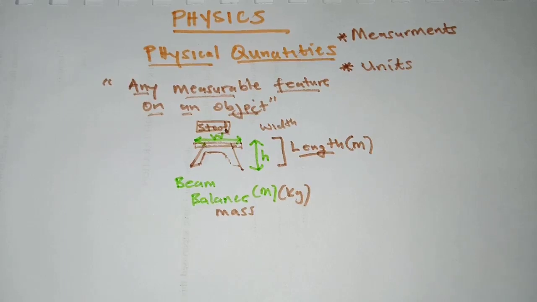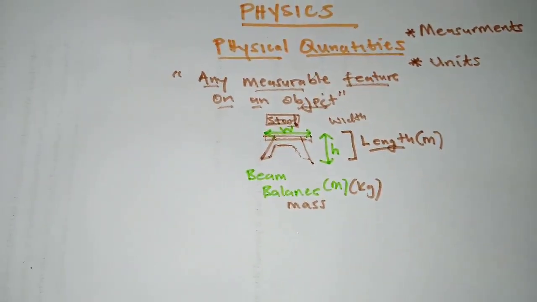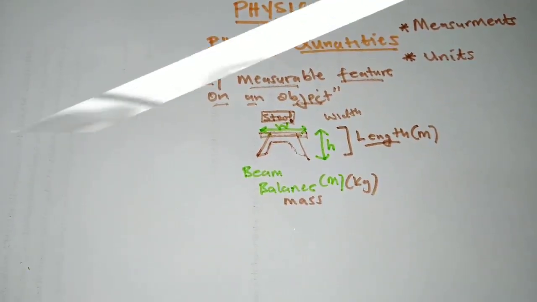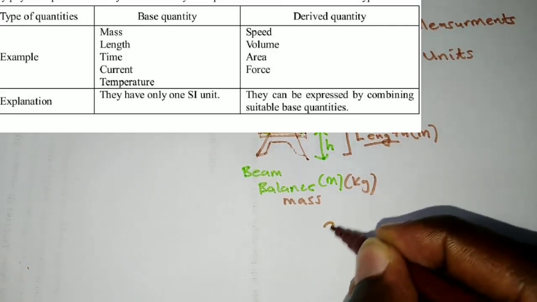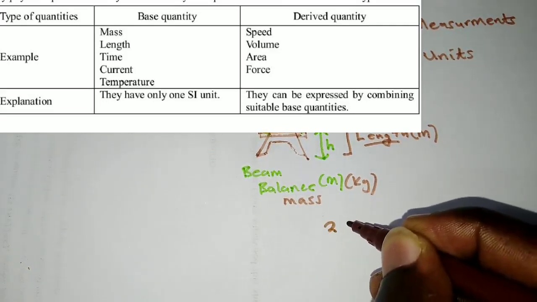Now if we look at our diagram on the left page there, what you can see is two types of physical quantities.